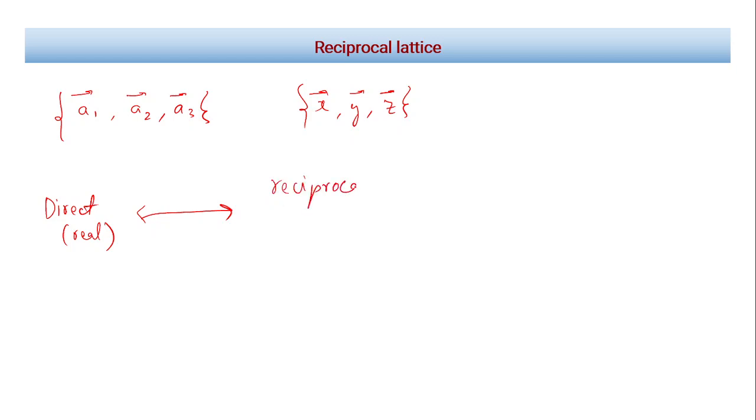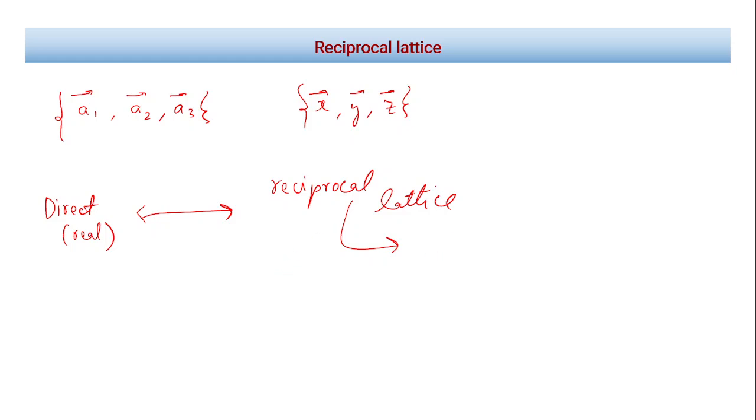We'll see why we call them reciprocal lattice or reciprocal space, but they are very much related with real space, and there is a reason that we came to define reciprocal space, because in some cases they make our life easier to understand certain things. So they make things easier to visualize, easier to understand. That's why a lot of scientists who work in this area came up with this.